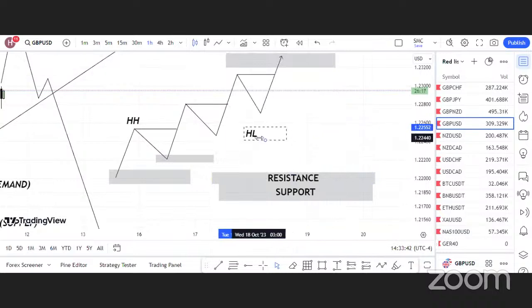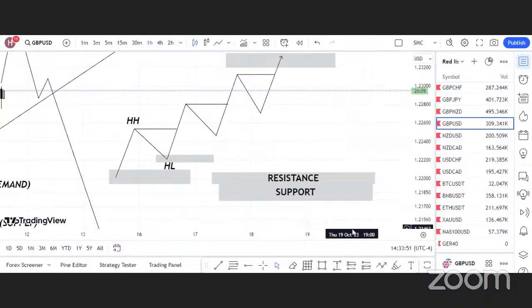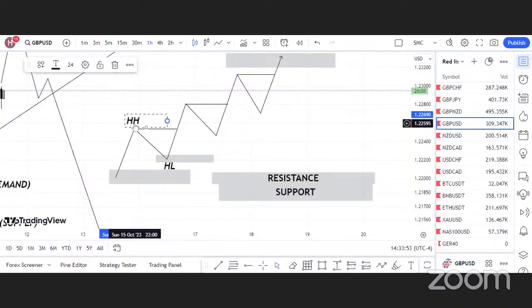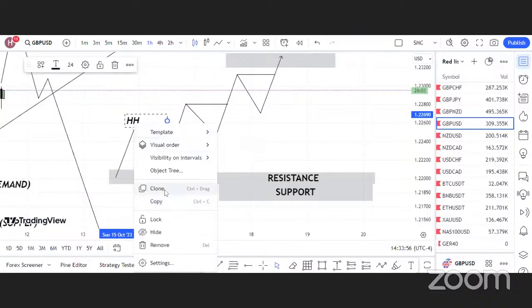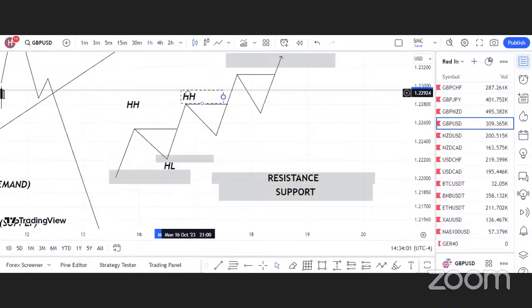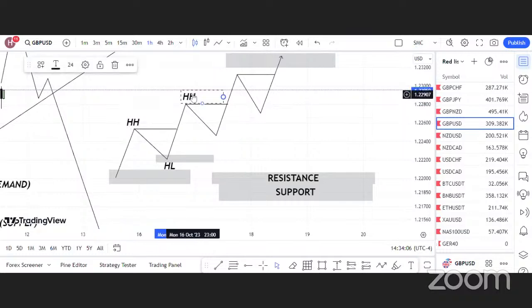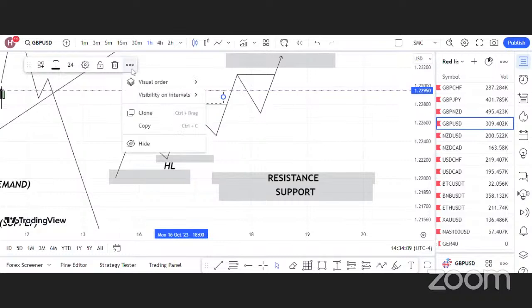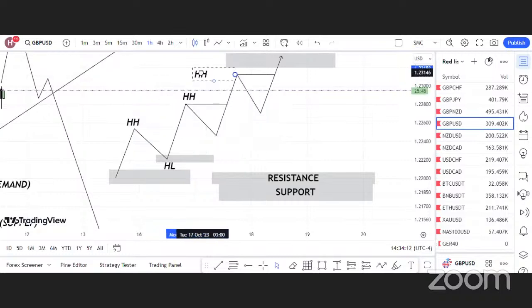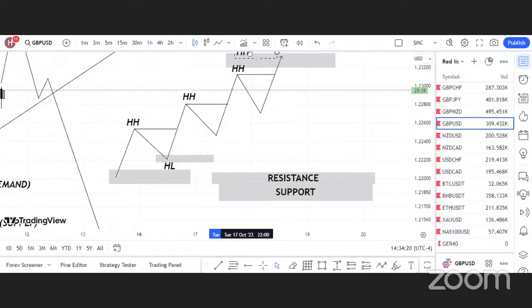Let me just clone this. Let's have another one here. We have this here. Let's clone again. We have higher high. Let's clone again. Then we have the highest high.